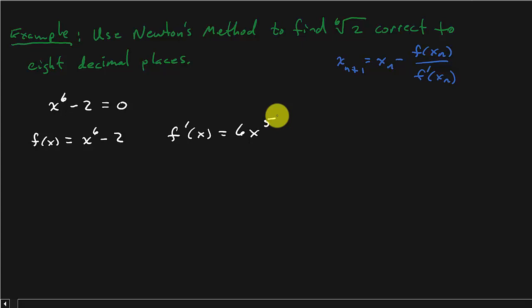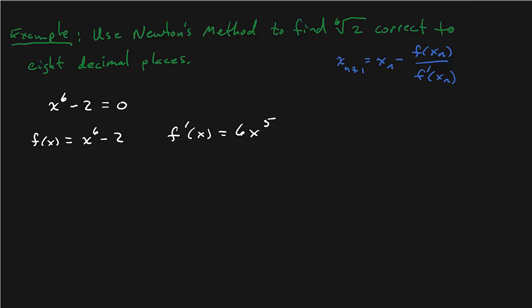All right, now we need to make an initial guess, don't we? And notice in this problem, they don't give us an initial guess like they did in the previous problem. So for this one, we have to come up with it on our own. Now there's ways that you can do this.